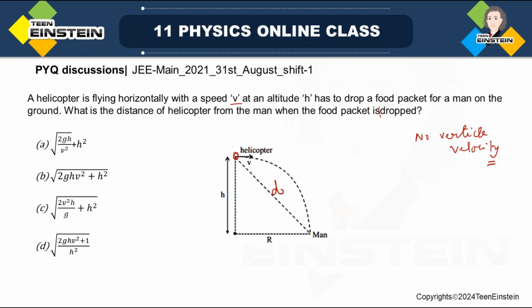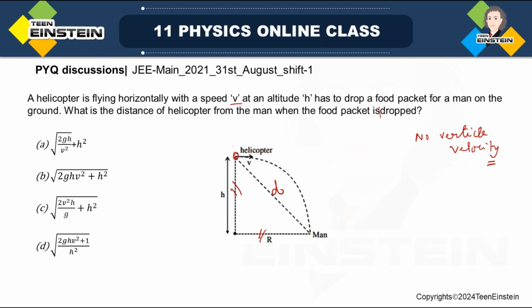So you can see from this figure itself, if I know this and this, from the Pythagoras rule we can find out what this hypotenuse is. This is a right angle triangle, right? The height is known, and the options are in terms of h also.